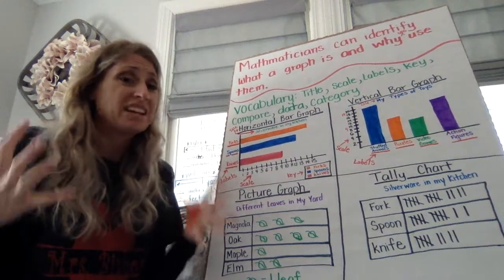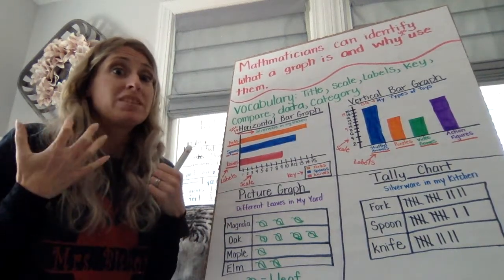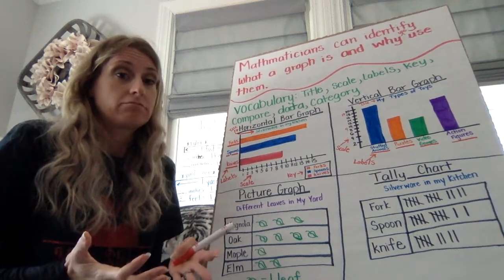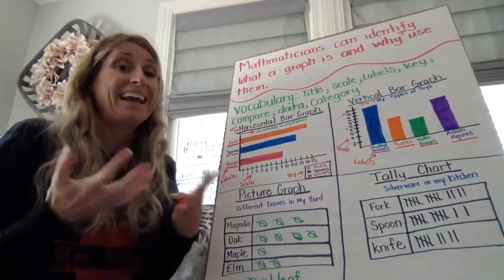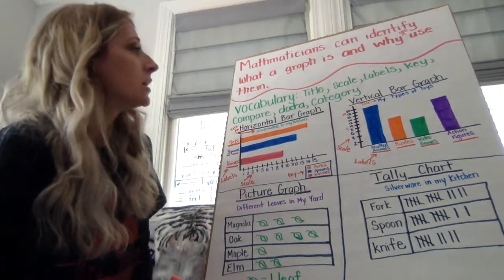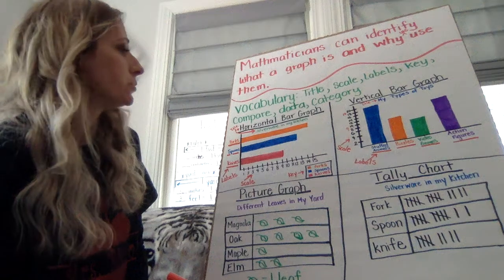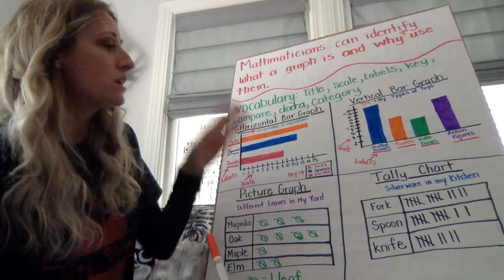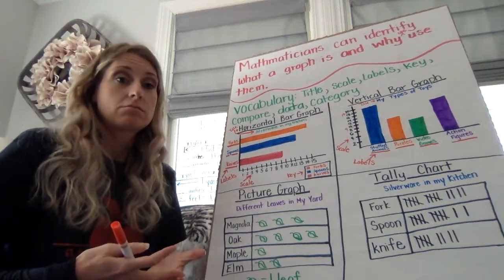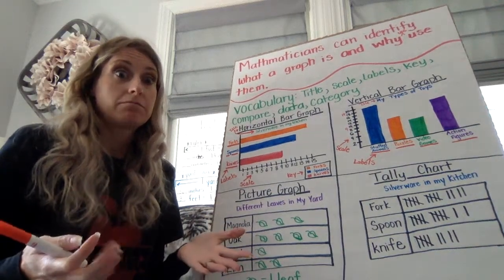Data is just a big fancy word for the information that we're seeing on the graph, okay? The question that's being answered on the title, okay? All right, I think I went through all of those. So if you were to look here and see, okay, how many puzzles do I have?